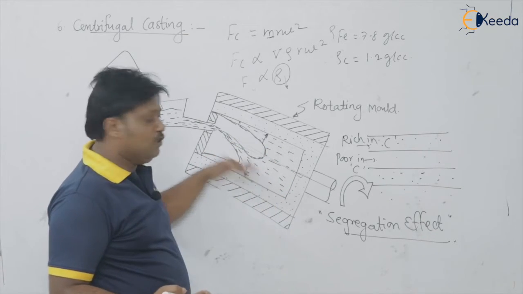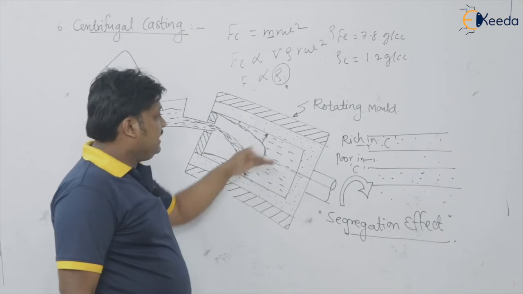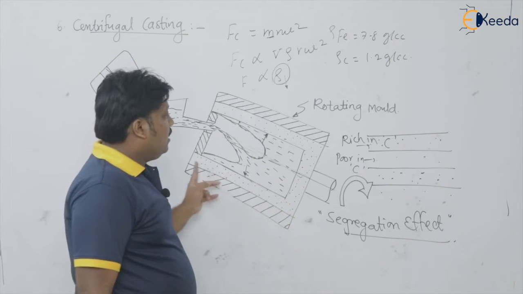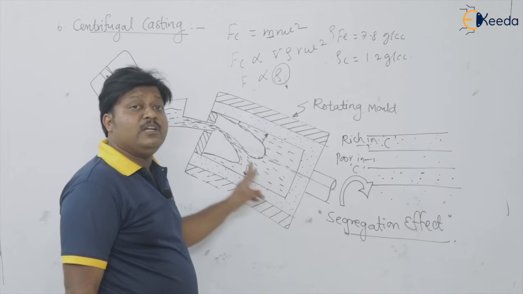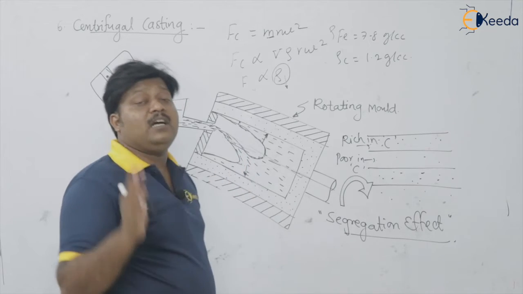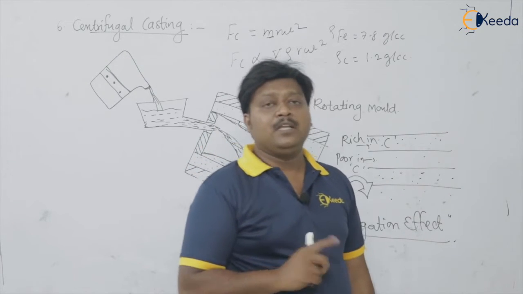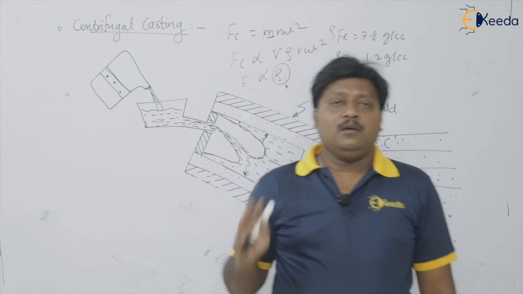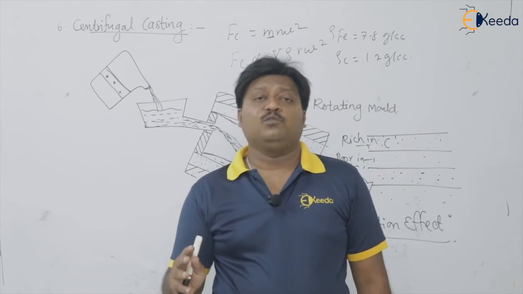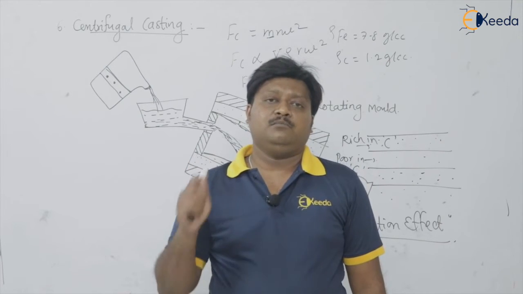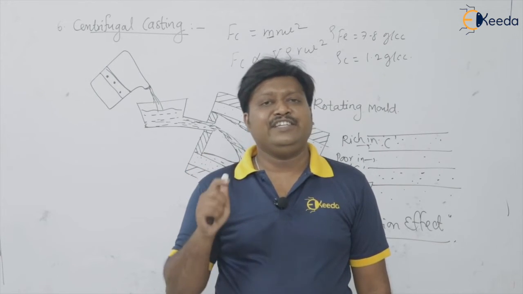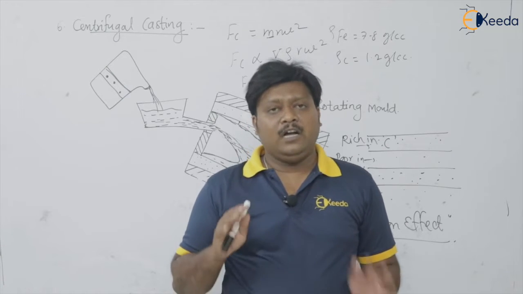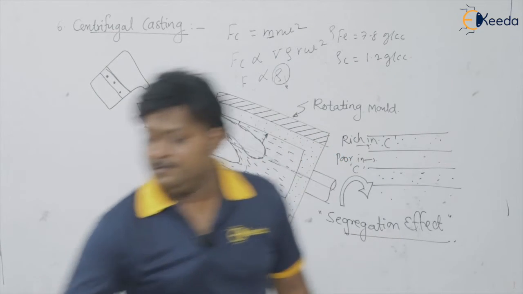You just put your mold cavity in any single half of this mold, then you can produce solid castings also. Please remember, in the centrifugal casting technique, no doubt hollow parts are made, but we can also produce the solid parts by using the centrifugal casting technique. Understood? Very good.